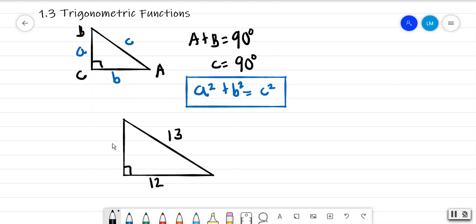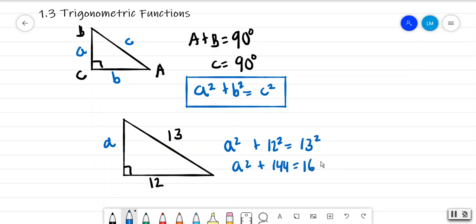If this is a, then a squared plus 12 squared equals 13 squared. That gives you a squared plus 144 equals 169. Once you do that, a squared equals 25, which means that a is equal to 5. For those thinking, but I thought it's plus or minus: a is a measure of distance, which means it can't be negative. So it can only be 5 feet.